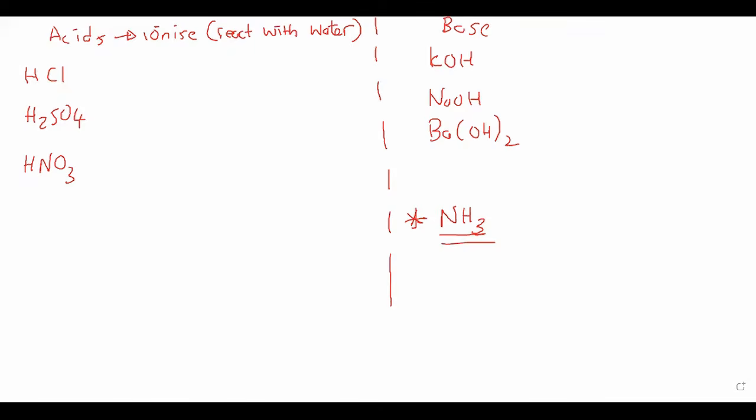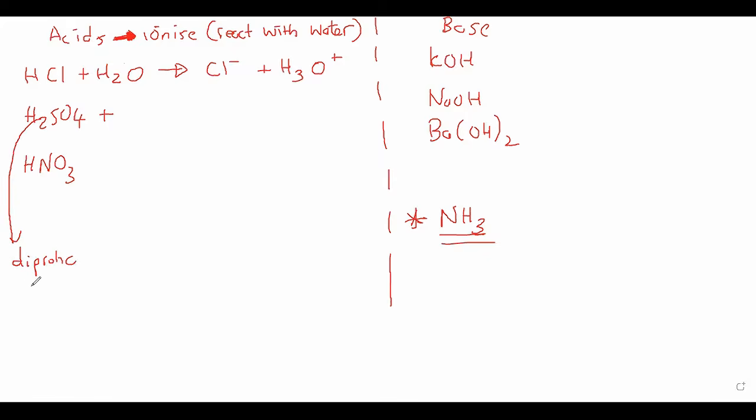So what does that mean? It means that they react with water. So if we look at HCl, if it reacts with water, then it becomes Cl minus plus H3O plus. Now H2SO4 is diprotic.